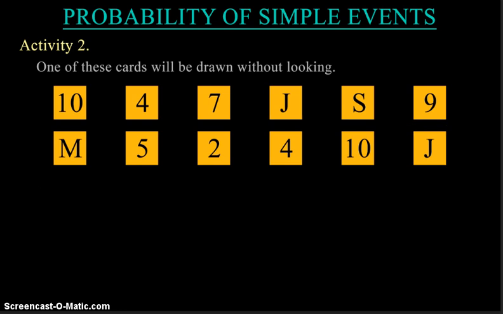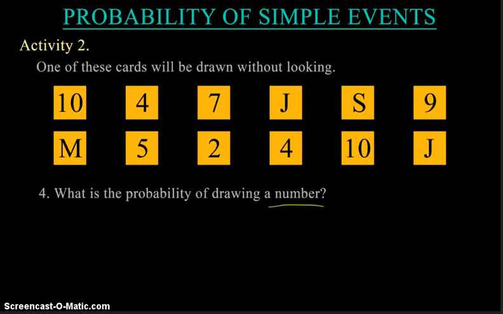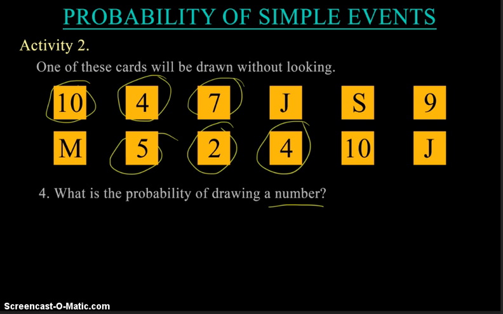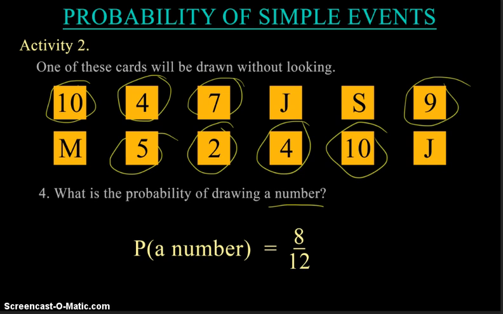Okay, next number 4. What is the probability of drawing a number? So, anong probability na ang makuha natin ay number? So, ilan ba yung number natin dito? 1, 2, 3, 4, 5, 6, 7, 8. So, 8. So, meron tayong 8 by 12.